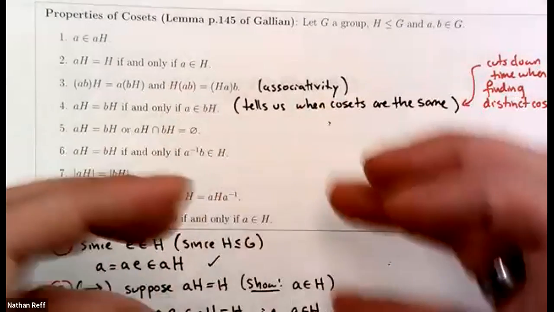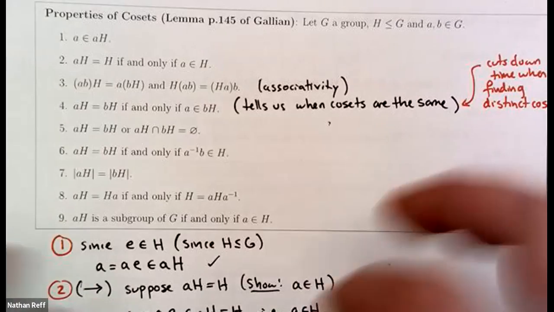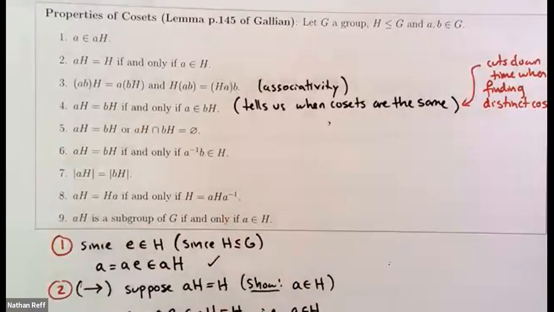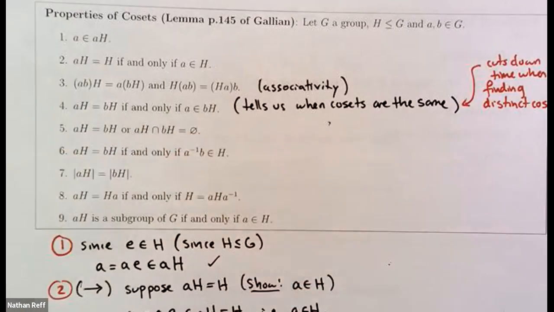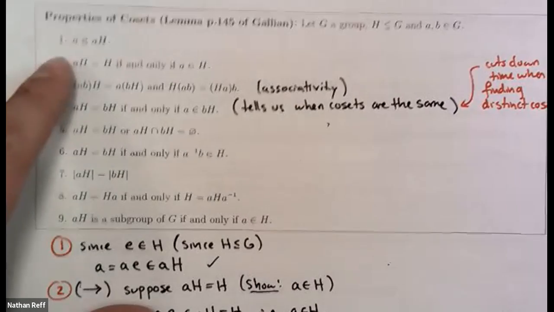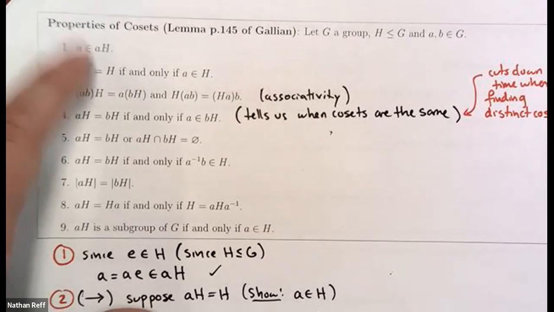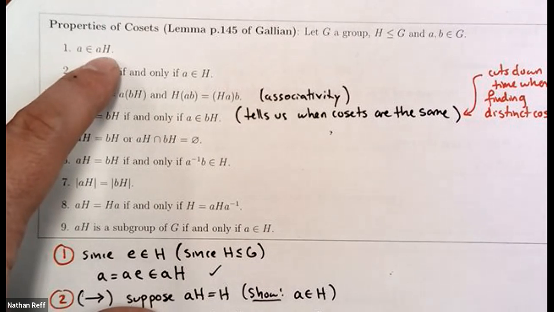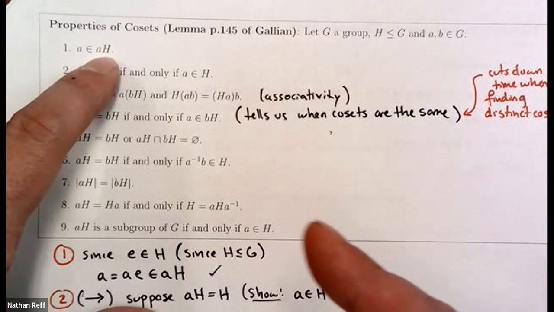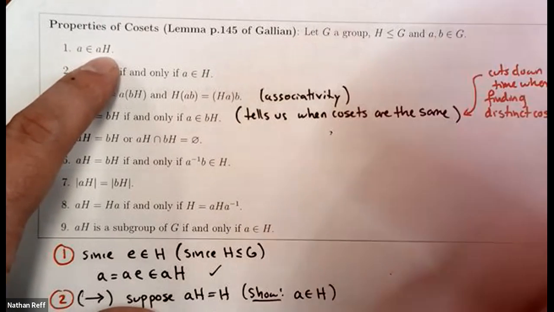Remember, if I give you a set, a partition of the set is where you give me non-empty subsets, which we did, that are disjoint, and then the union would be the whole collection. Property 1 actually gives you both of those properties, because as soon as you know one element is in a coset, then you know that it's always represented, and you also know that they're non-empty.